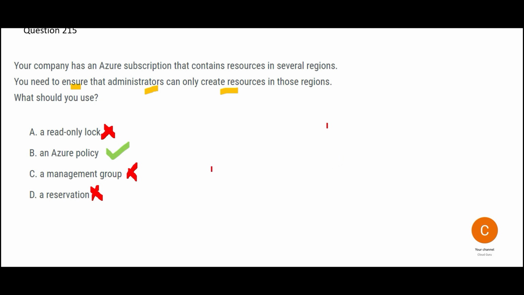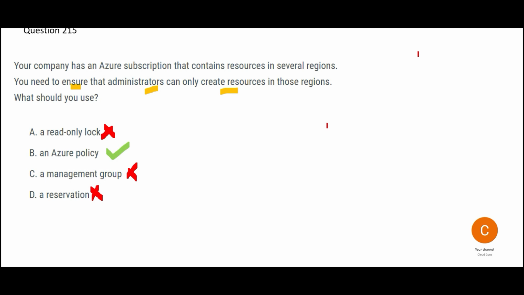In this case, reservation is like a block booking. You sign an agreement, a 1 year or 3 year agreement, and you say, hey, I am ready to pay you X amount of dollars, and I am reserving 100 VMs. Why do we reserve? Any idea? We reserve because we want uninterrupted service first of all.